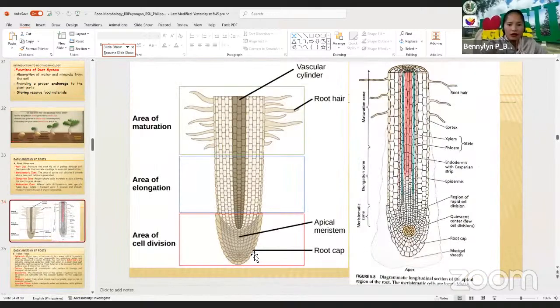This one is the root cap at the tipmost part of the root, followed by the apical meristem. The root cap and the apical meristem are part of the area of cell division. The next one is the area of elongation. And this one at the top is the area of maturation, wherein we have the vascular cylinder and the root hairs.